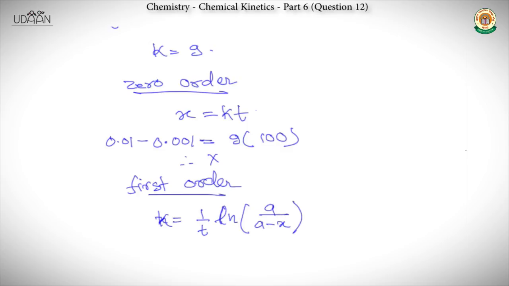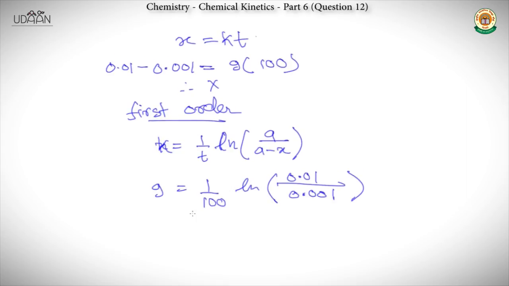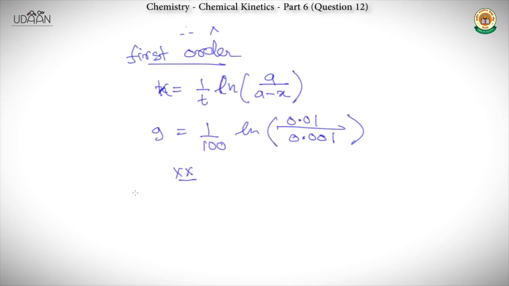By putting the values, k is equal to 9, 1 upon 100, ln of a is equal to 0.01, and a minus x is equal to 0.001. This is also not satisfying. Therefore, it is not a first order reaction. So now let us assume that this is a second order reaction.